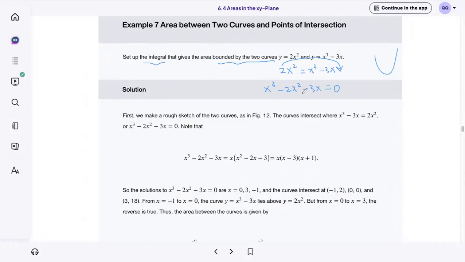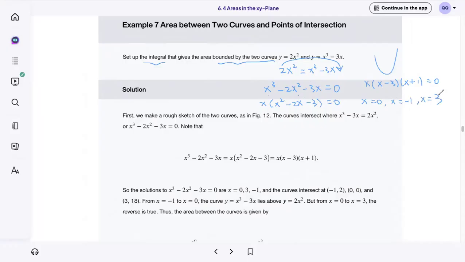We see x is a common factor of all three, so factor out x, leaving x squared minus 2x minus 3. Then we can factor x minus 3 and x plus 1. So we get three values: x equals 0, x equals -1, and x equals +3.